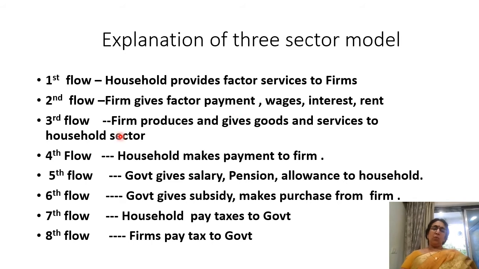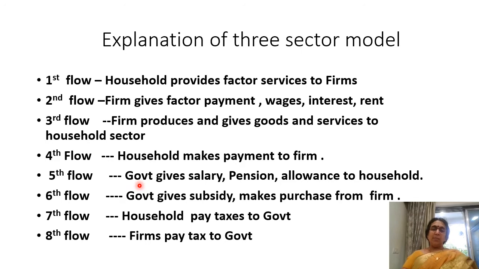In the third flow, firm produces goods and services and give these goods and services to the household sector, because the circular flow has to be completed. It will not be stopping in one part. 4th flow, household is making payment to the firm. This is where our 2-sector model ends.